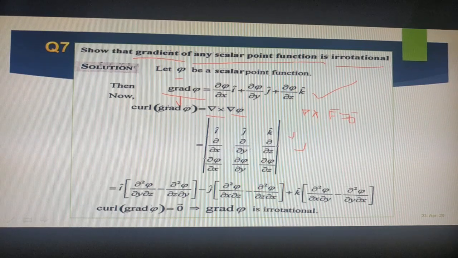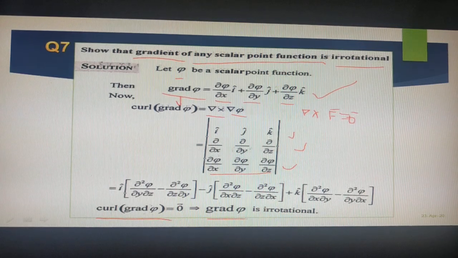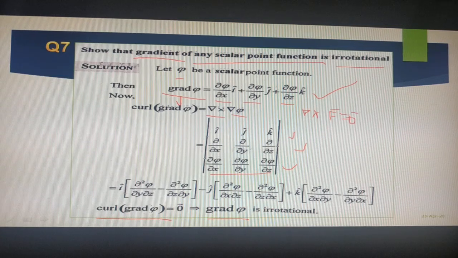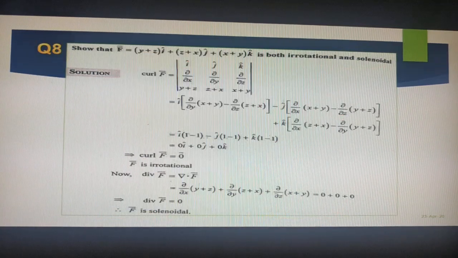We have i j k and partial derivatives. In the last line, you have to write the components. These are the three components. So write down here, and if you take the determinant of this matrix, we get the 0 vector. That clearly tells you that when curl of some f bar is equal to 0, here that f bar is grad pi. Therefore you can call that grad pi an irrotational vector.